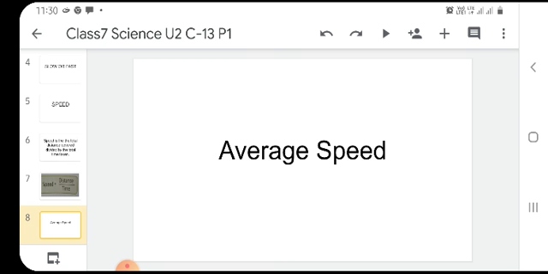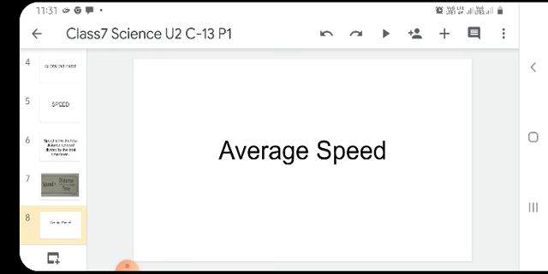During this journey, the speed of the car will keep changing depending on the traffic and the condition of the road. So, to understand the rate of motion as a whole, we use a quantity called the average speed. It is the ratio of the total distance travelled by an object to the total time taken by it to cover that distance.